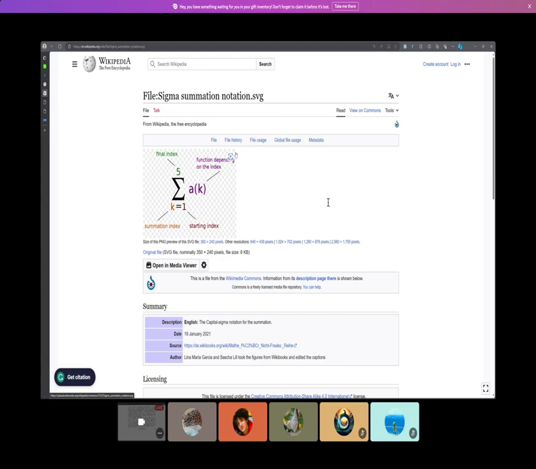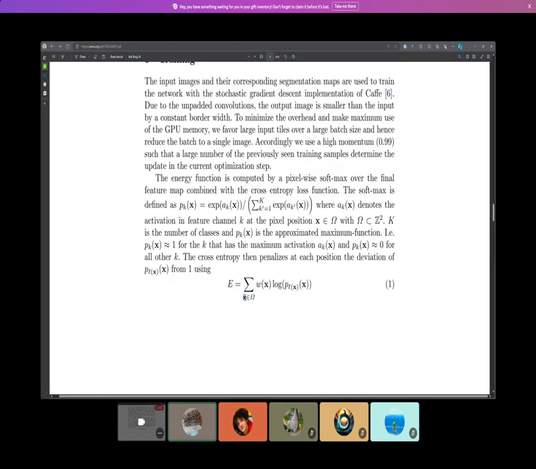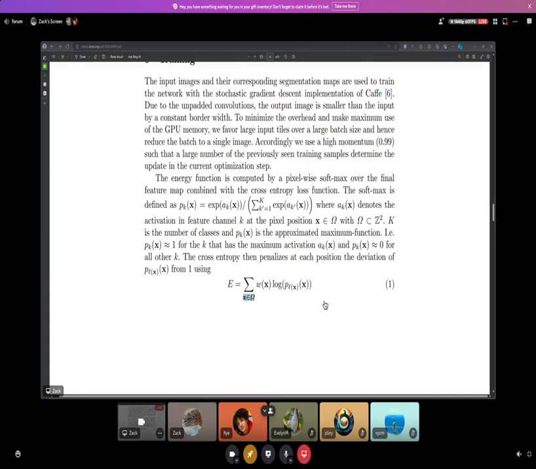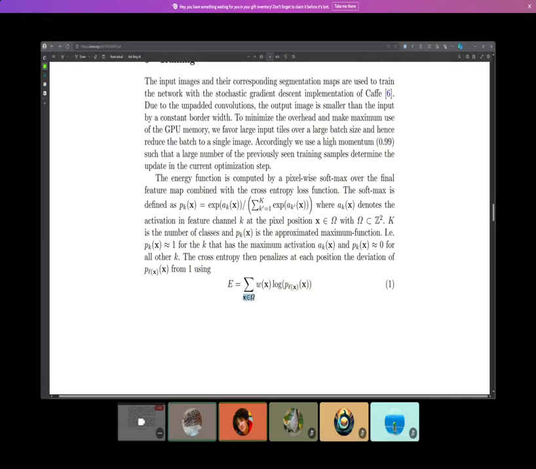So when it passes E into this, the E is trying to be the final output from sigma. We take the input, and that is X, which is a part of omega, a subset part of omega.